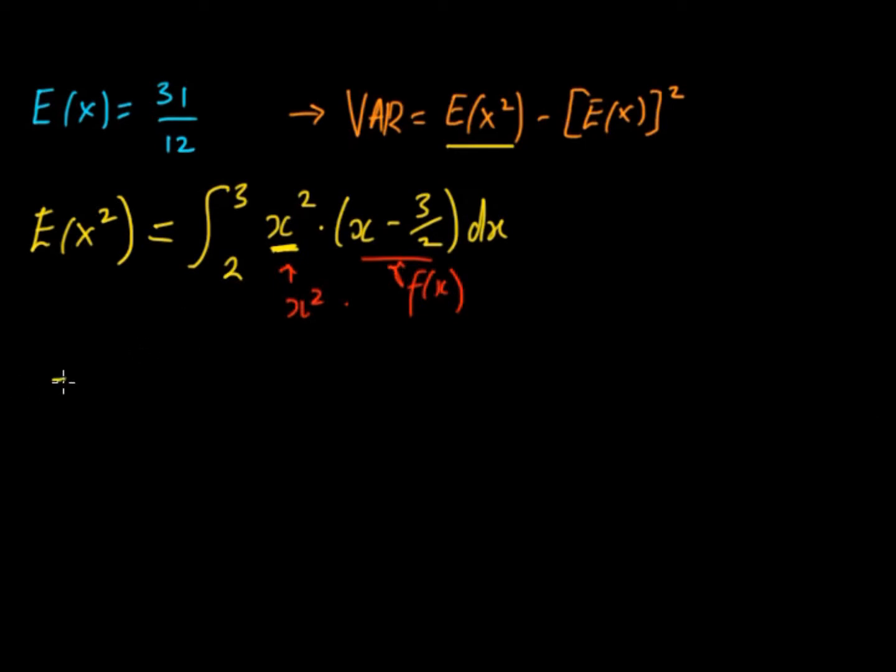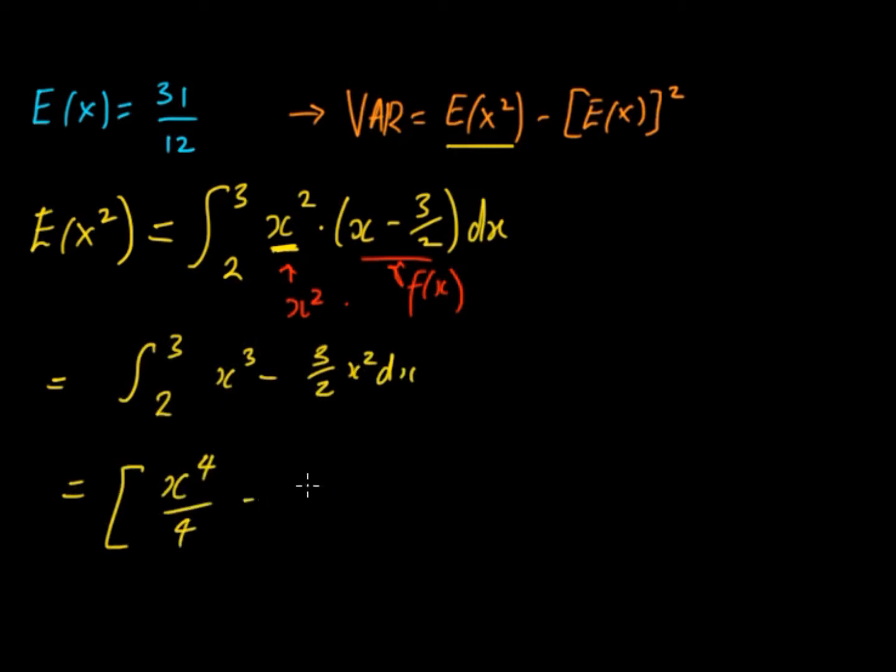You can solve that, and you get the integral of, we'll expand it out first, 3/2 x cubed minus 3/2 x squared dx. The integral of that is equal to x to the 4 over 4 minus x cubed on 6, which can be simplified to 1 on 2, integral of that is 3 on 2.